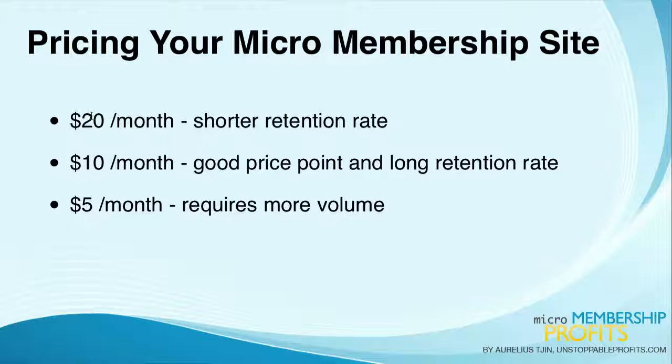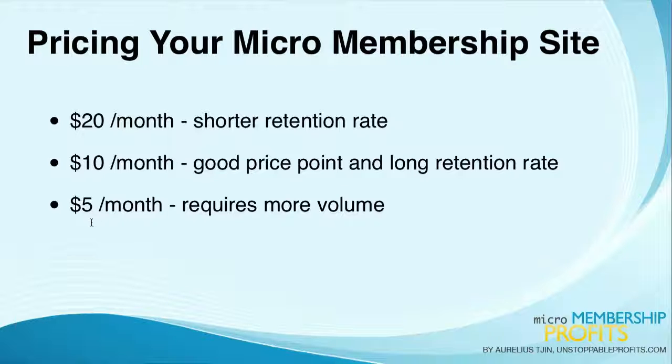This means that those who are paying $20 a month will probably get pretty upset if they find out that you're charging lower later down the track. So it's always good to start low and then move up higher. That's just a rule of thumb.